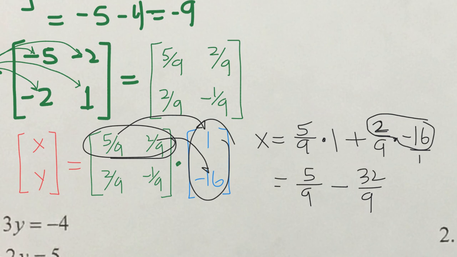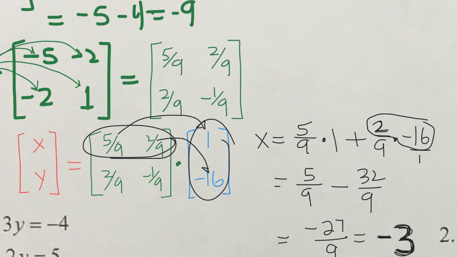So what is 5/9 minus 32/9? 5 minus 32 is -27 over 9, which, believe it or not, is actually -3. And you thought we were going to get some crazy fraction with a 9 in the bottom. Nope. It divides out to be a nice number. X equals -3.